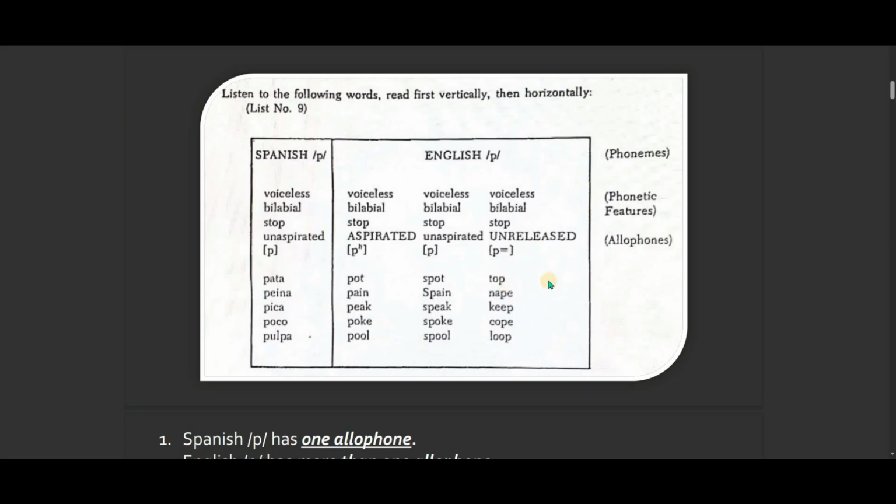It is just unreleased. We just say stop, nape, keep, cop, loop, right? Again, stop, nape, keep, cop, loop. All right, so that is an unreleased.